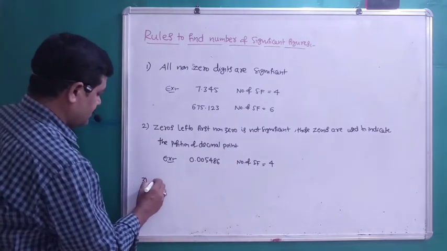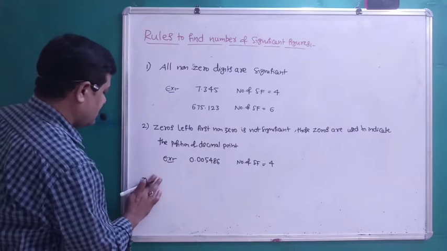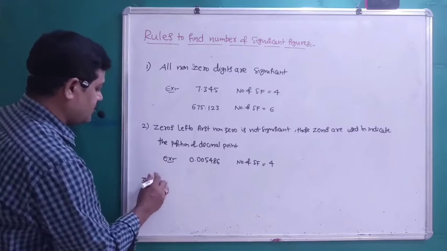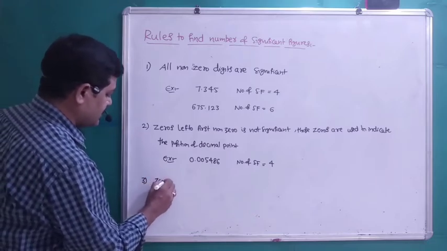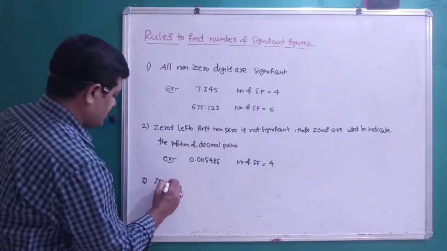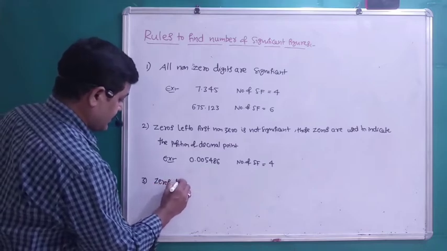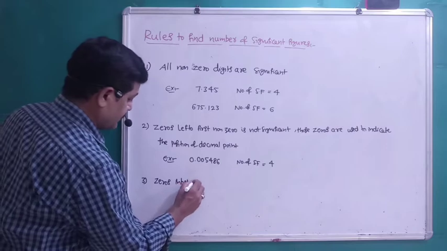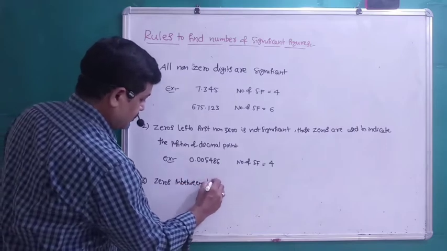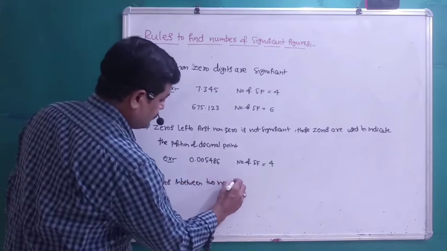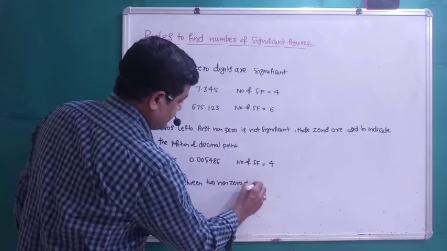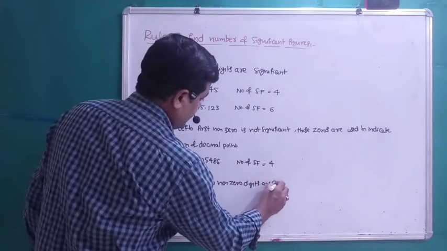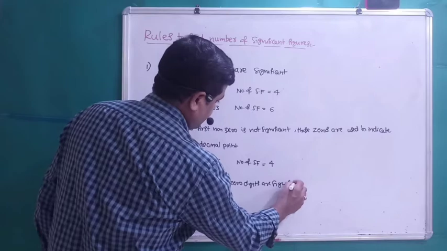Third one is zeros in between two non-zero digits are significant.